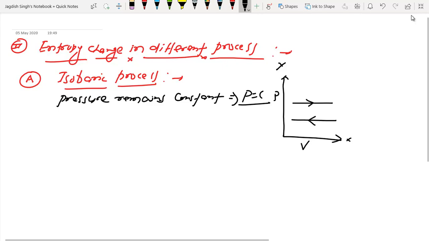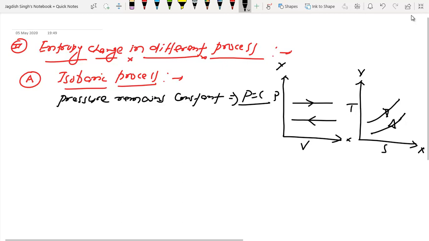On the TS plot, this is a constant pressure process. This curve will be like that.